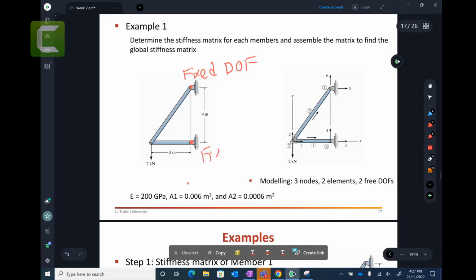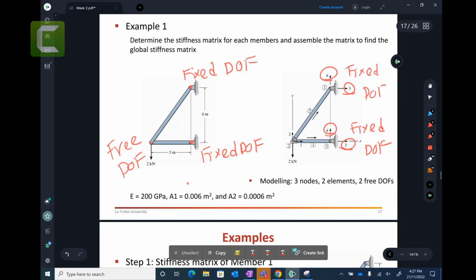So this is a fixed degree of freedom. And this point, which is free to go in X, Y, or vertically, it can go, it is not supported. So this point has 2 free degrees of freedom. So these 3 and 4 are fixed degrees of freedom. Look at the left side. 5 and 6 are fixed degrees of freedom. And 1 and 2 are free degrees of freedom.